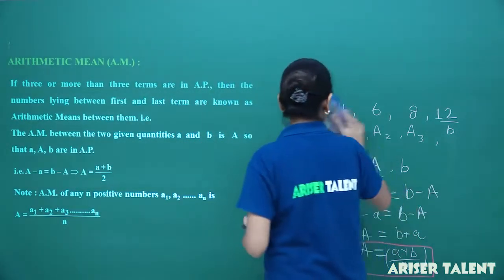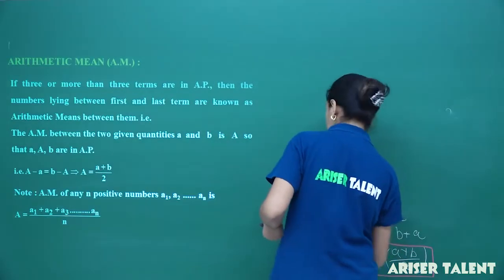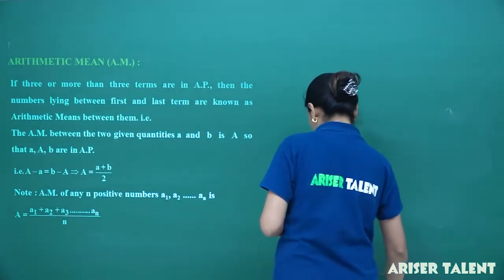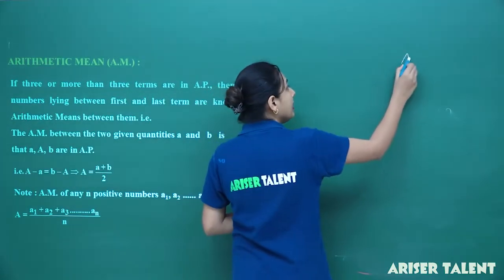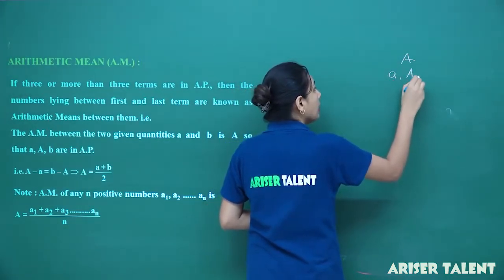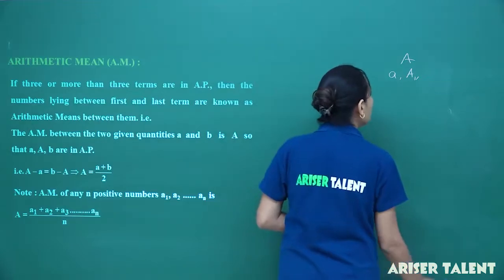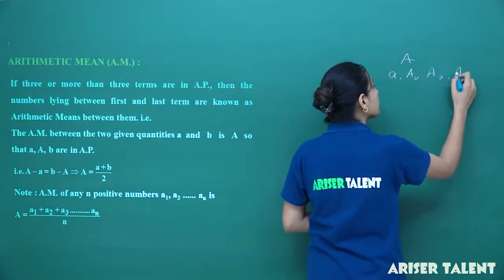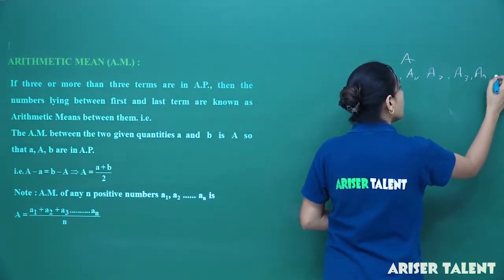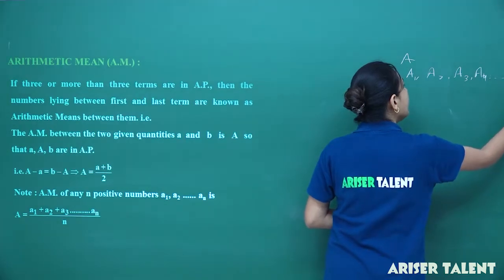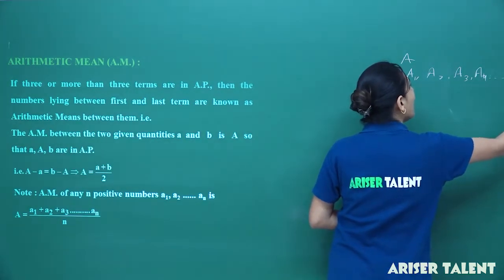What is it saying? That if you are not having one A here, you are having A1, A2, A3, A4, some number of arithmetic means until An, and then you will be having b.